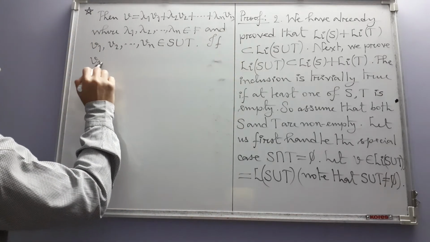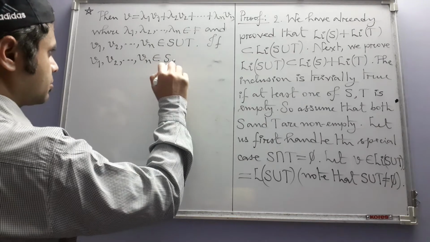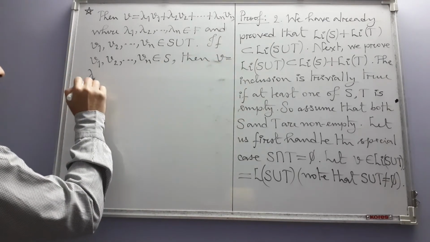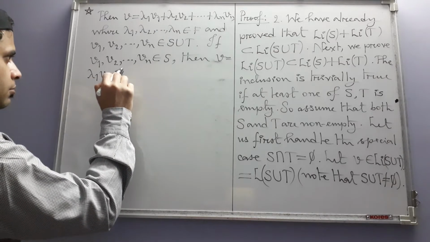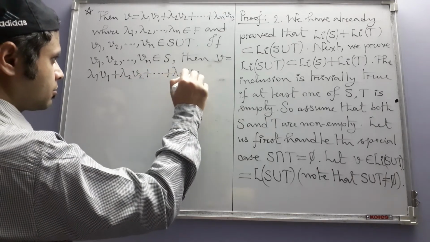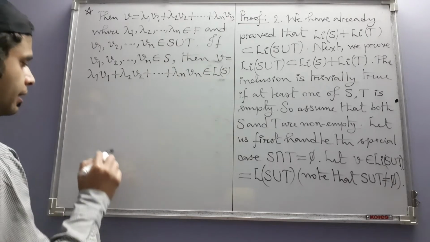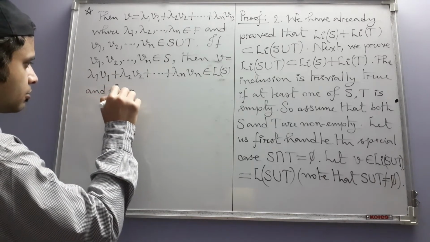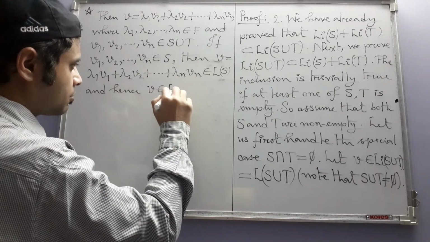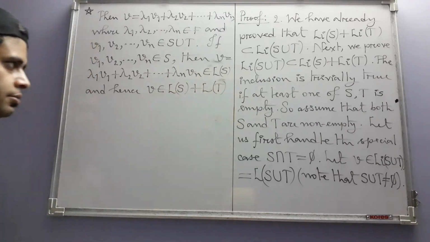If all the vectors are actually in S, then this linear combination belongs to the linear span of S, and hence this belongs to linear span of S plus linear span of T. Why?